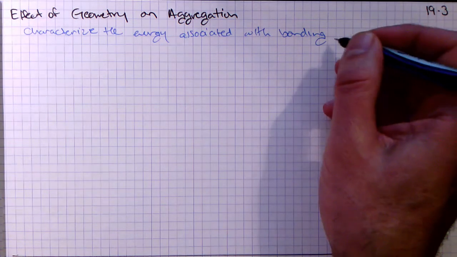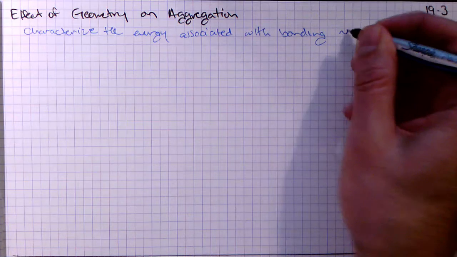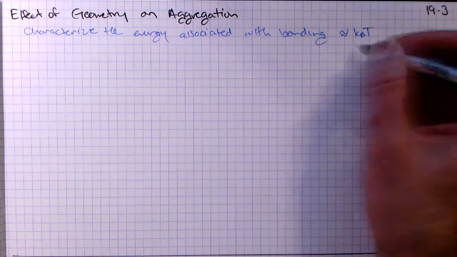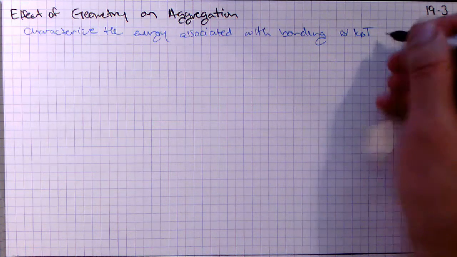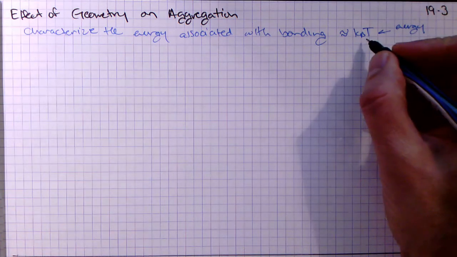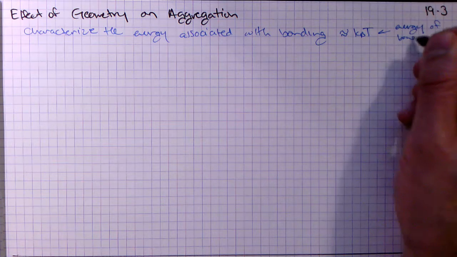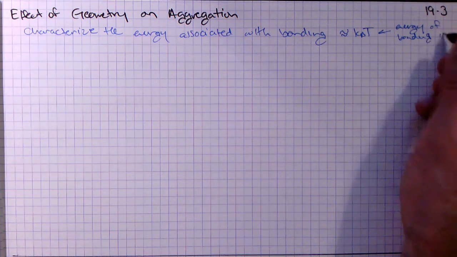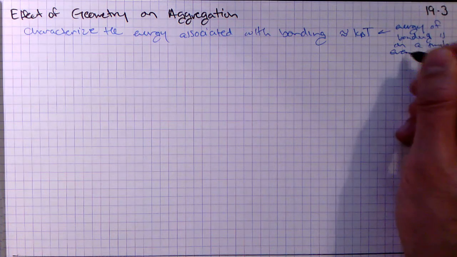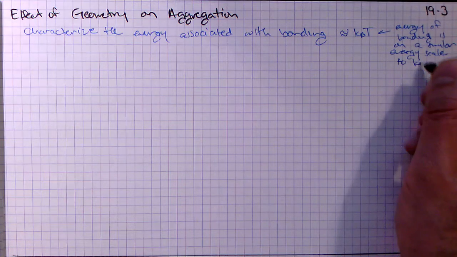And we know that in an amphiphilic system, this is typically approximately the same as the energy associated with thermal fluctuations. Here we're not saying that the energy of bonding depends on the temperature. We're just saying the energy of bonding is on a similar energy scale to kT.